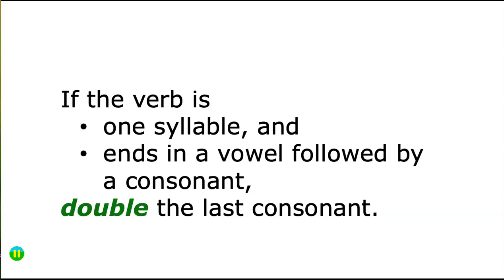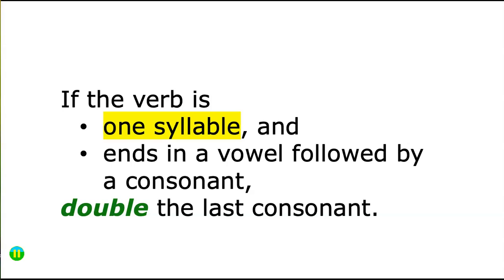This is a rather complicated idea, so you need to read it very carefully, and then I'm going to highlight words. So if the verb is one syllable and ends in a vowel followed by a consonant, double the last consonant.